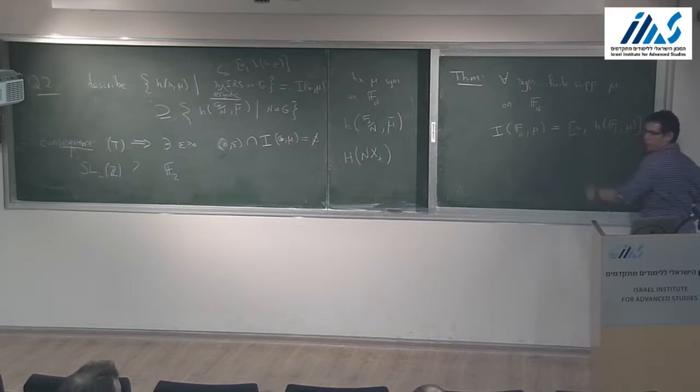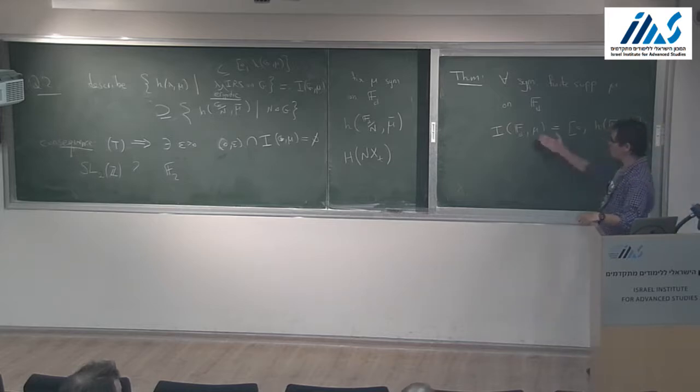So the maximal one, this is the minimal one, and you get everything. Okay? So you say that this has full realization.